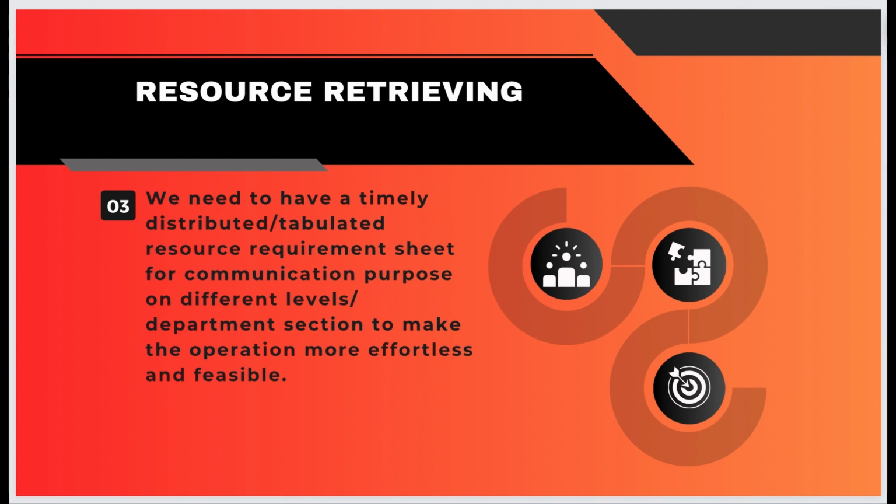We need to have a timely distributed or tabulated resource requirement sheet for communication purposes on different levels, departments and sections, to make the operation more effortless and feasible. Having such information will help us look into further foreseen risks, and providing solutions to such matters plays an integral part of the project execution.